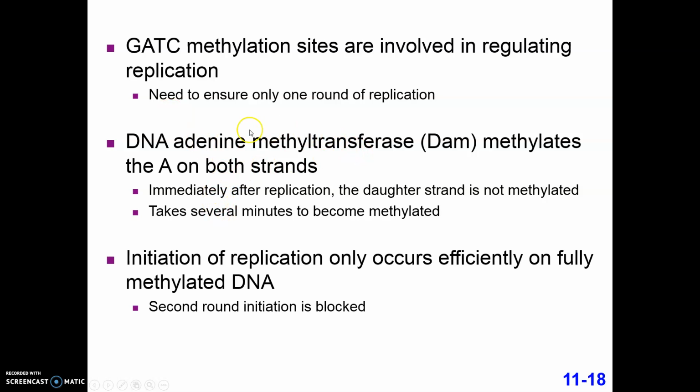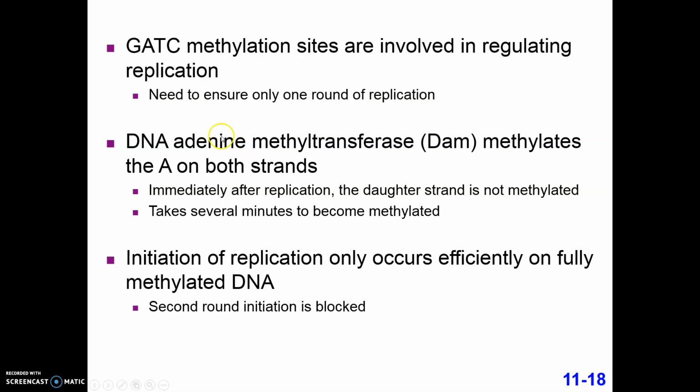What this does is all of the DNA that was originally there, the parental DNA, has been sitting around with this protein methylating those sites. So when it starts off, all of the DNA is methylated.